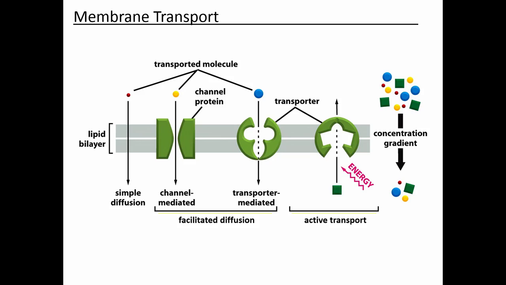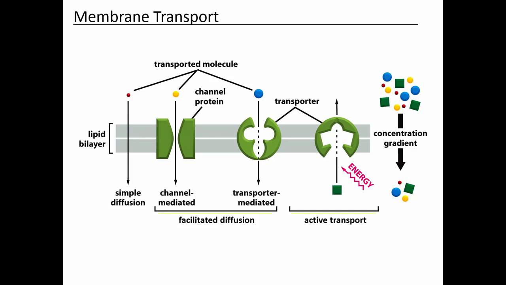And then we talked about active transport, where something, also requiring a membrane protein, is moved against its concentration gradient from where its concentration is low to where its concentration is high. This form of transport requires the input of energy, whereas simple diffusion and facilitated diffusion do not. So that summarizes what we've talked about so far.